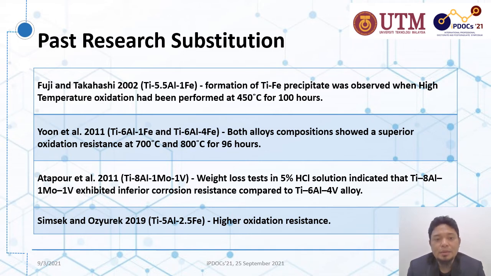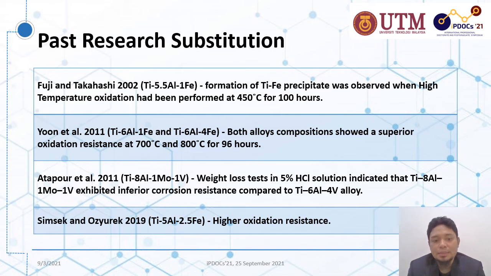Then Yoon et al. in 2011 with a composition of 1 weight percentage iron and 4 weight percentage iron. Both alloy compositions show a superior corrosion resistance compared to Ti64.